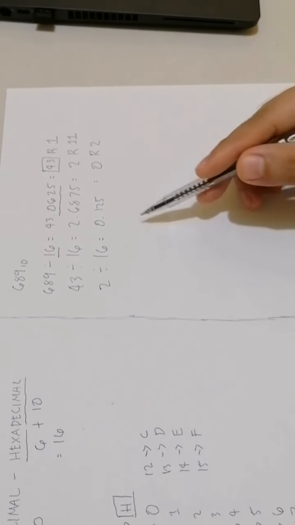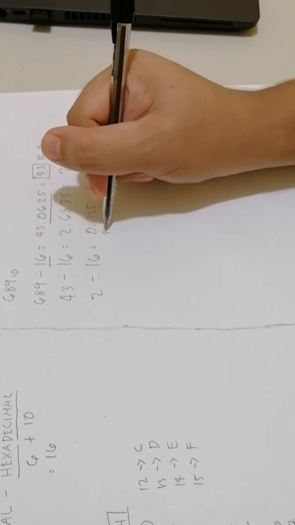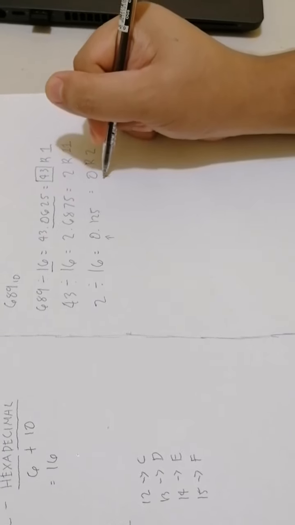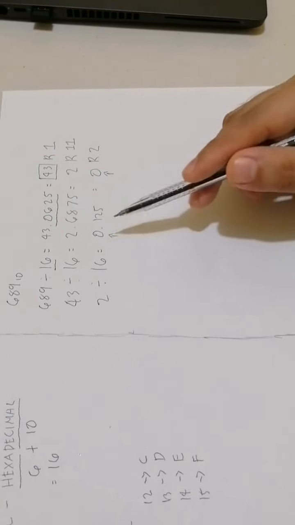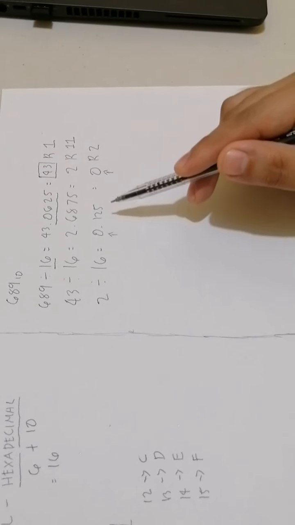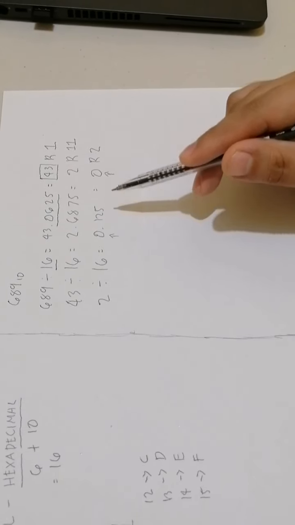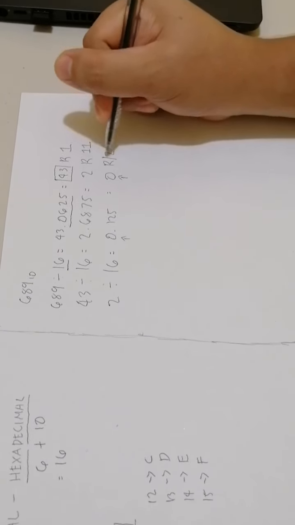So looking at this number, you'll see that we need to put 0 here. And then if you multiply 16 times 0.125, you'll get 2.